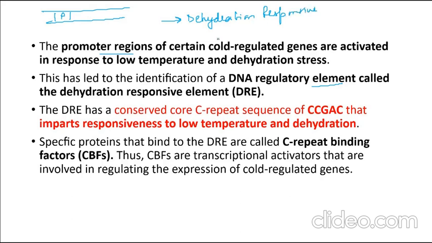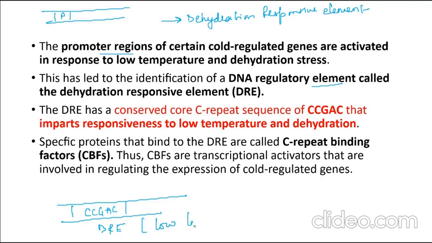Now, this dehydration responsive element has a specific sequence, CCGAC. This is the dehydration responsive element, which is present in the promoter region of certain cold regulated genes. These DREs are activated in response to low temperature and dehydration.